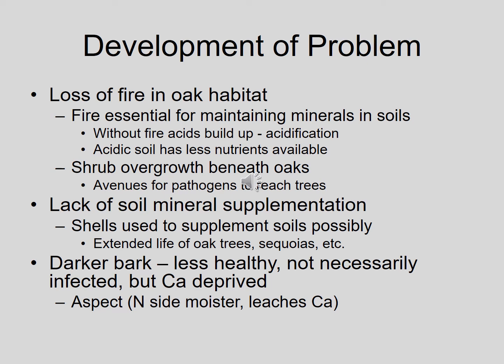Let's talk a little bit more about how this problem developed. So, the loss of the fire in the oak habitat. Fire has been shown in numerous ecosystems throughout the world as being essential for maintaining certain ecosystem characteristics, and one is the soil richness. So it maintains minerals in the soil.